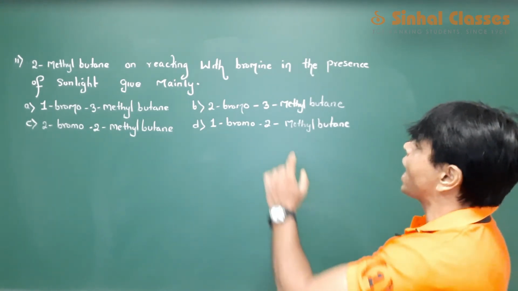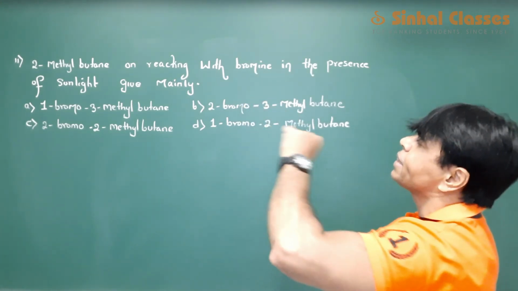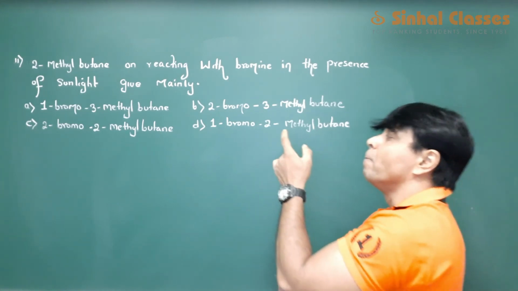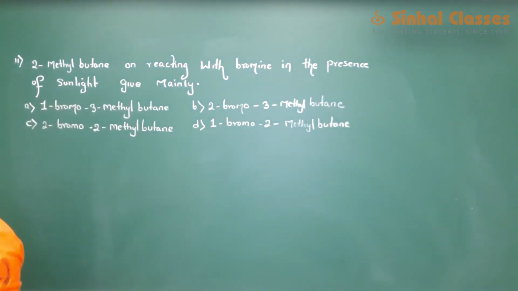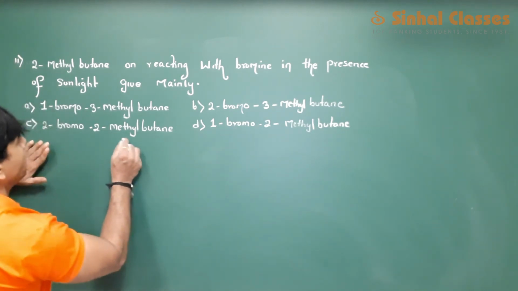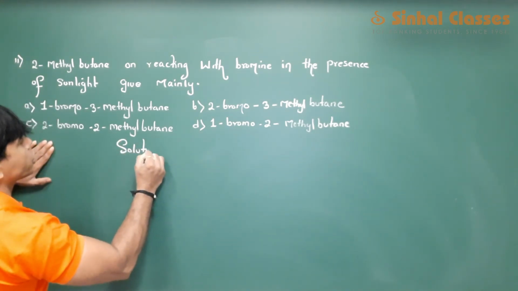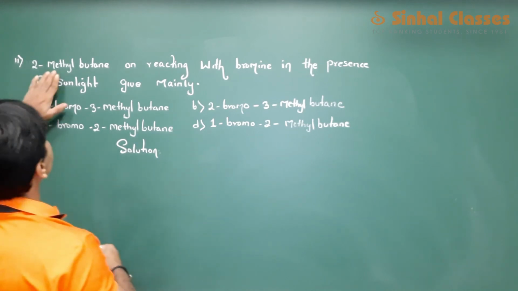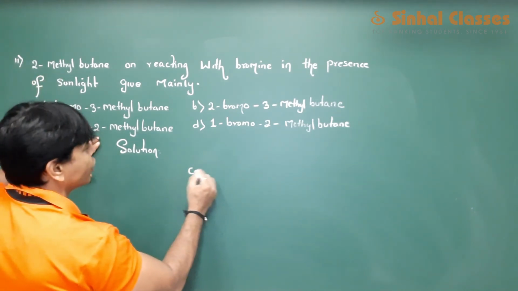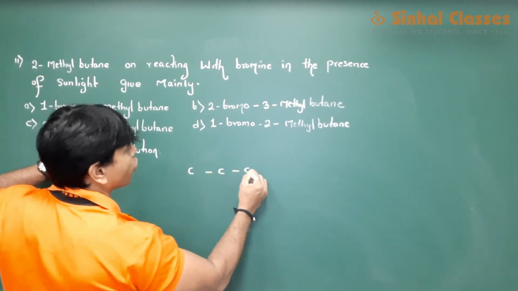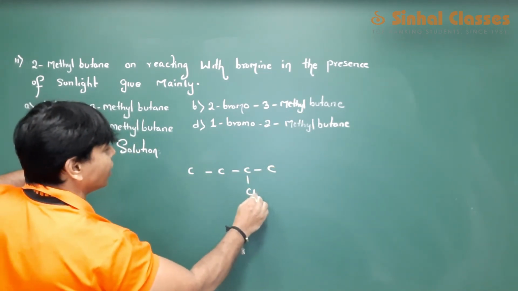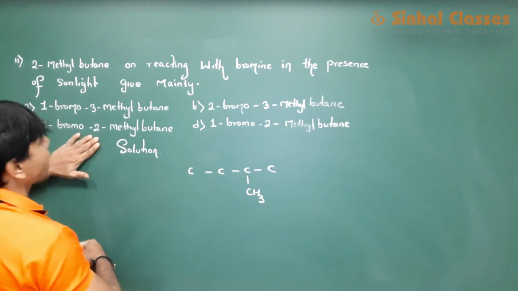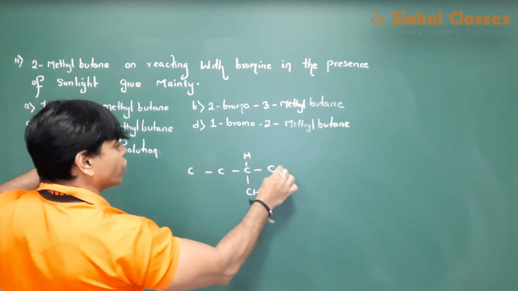2-methylbutane on reacting with bromine in the presence of sunlight mainly gives... Now let's see. When you draw 2-methylbutane, carbons 1, 2, 3, 4, with a methyl group at position 2.